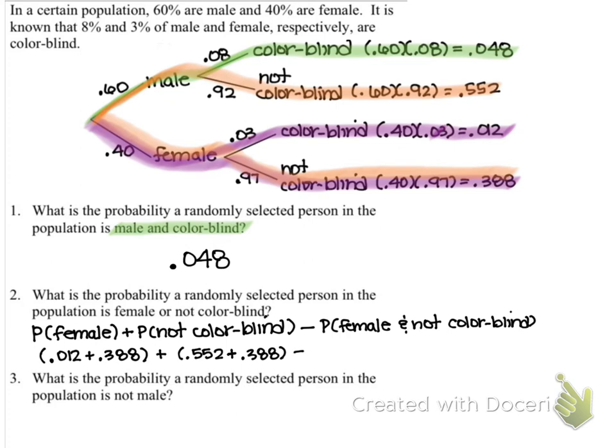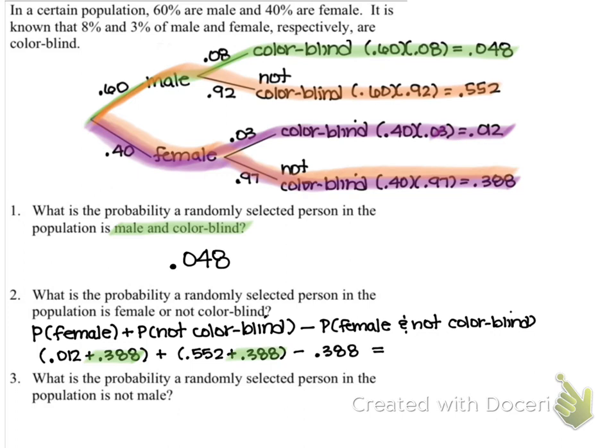Minus, and we can actually see that overlap happening where we kind of doubled up the calculation. Notice that 0.388 was included in both of those. It's not that we don't want to include it, we just don't want to include it twice. So we would end up having to subtract the branch that is both orange and purple, which is the 0.388 branch.